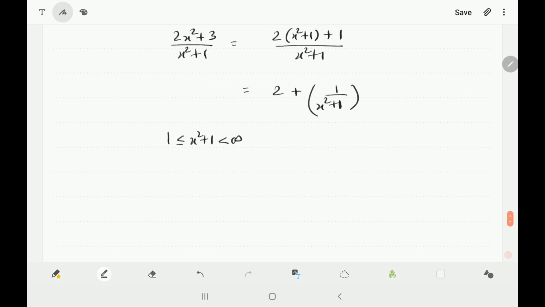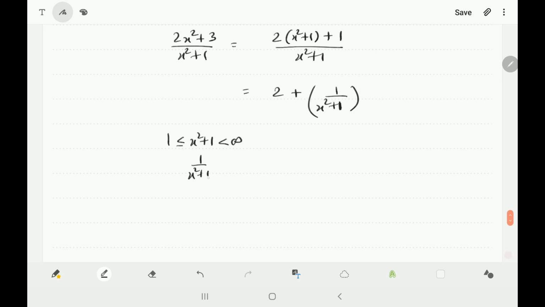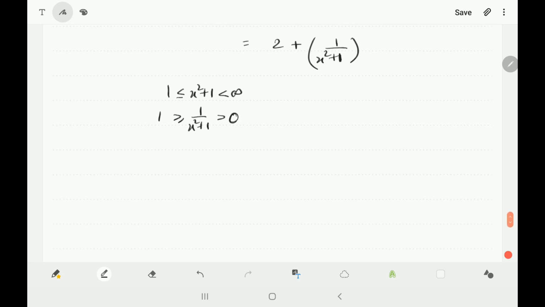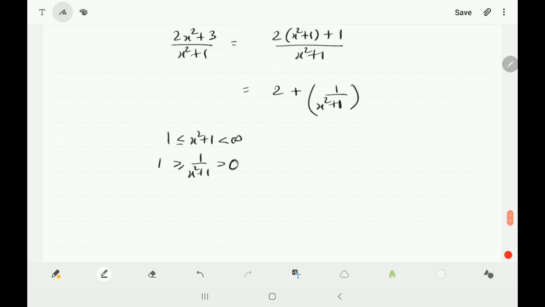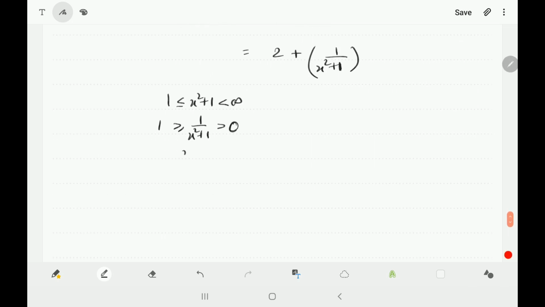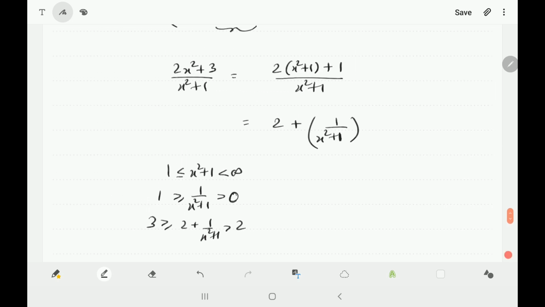If you take the reciprocal, you will have 1 upon (x² + 1). Reciprocal will change the sign of the inequality because it is a decreasing function, so the range will be from 0 to 1. If you add 2 to this term, the range of 2 plus 1 by (x² + 1) is from 2 to 3. So the range of this term is from 2 to 3.